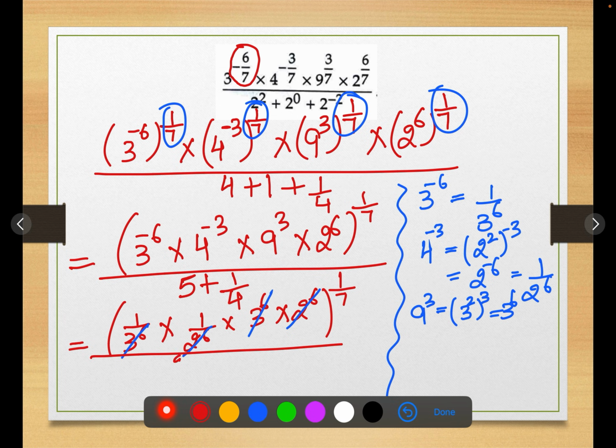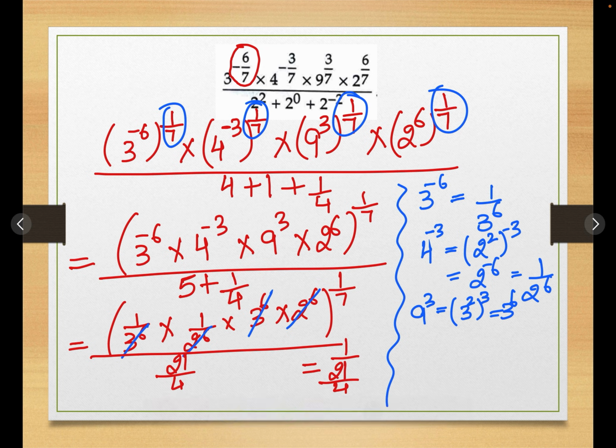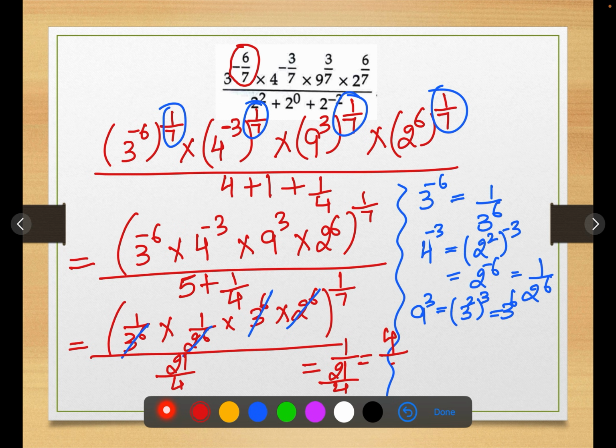Denominator is to be solved. Now, if I see, this all turns 1. So 1 to the power 1 upon 7 is 1. 1 upon 21 upon 4. So my answer is 4 upon 21. Final answer.